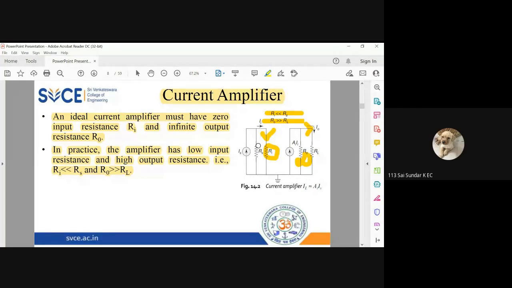What you add externally, RS and RL, you can physically see. Ri and R0 are present inherently inside the amplifier, which can be measured alone. They cannot be physically seen. But we represent them in this circuit to show that there is an amplifier in this circuit. For that only we draw resistance, but these resistances Ri and R0 cannot be physically seen in a circuit.